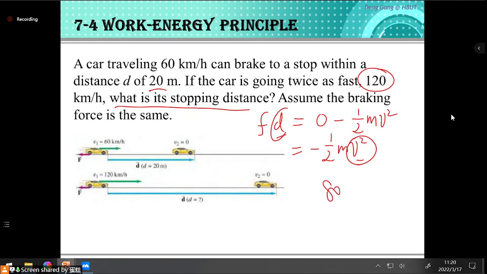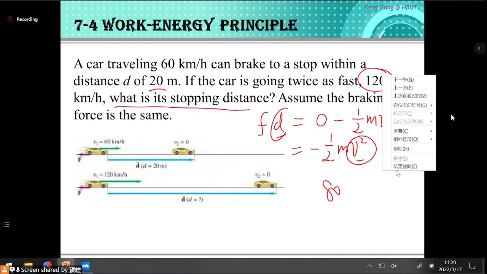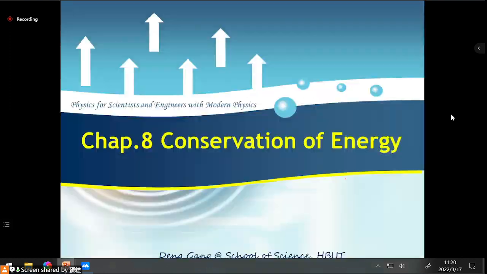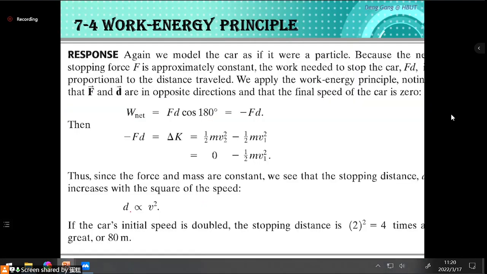So that means when you double your velocity, the stopping distance is not only doubled, but 4 times its original, because the stopping distance is proportional to v squared, not v.